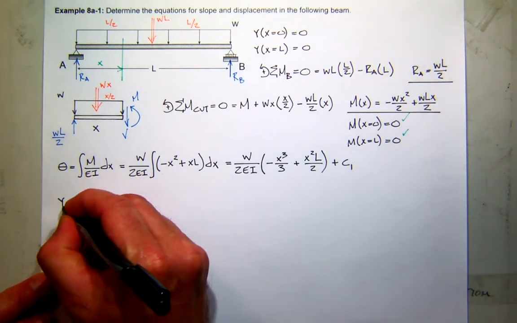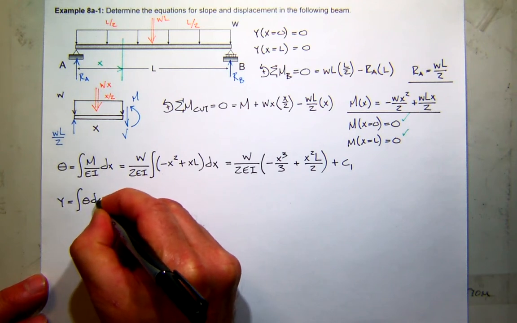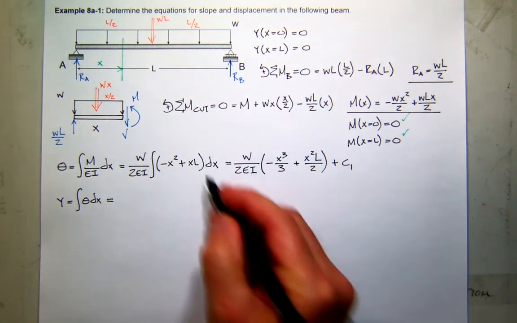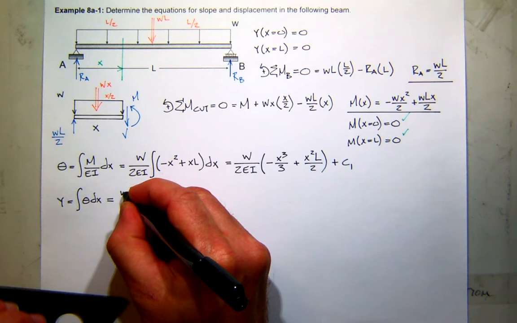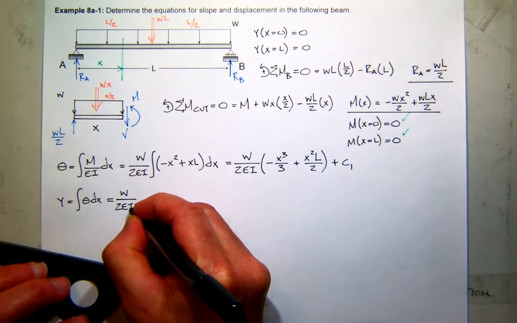So the displacement is the integral of slope. So let's integrate that. So again, we'll have the same constant.